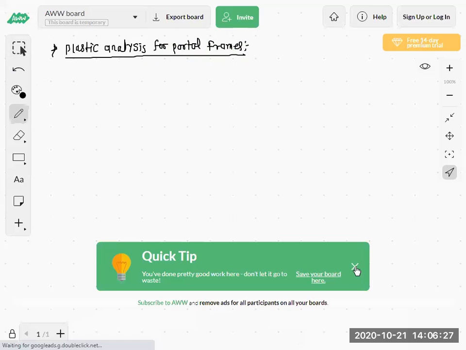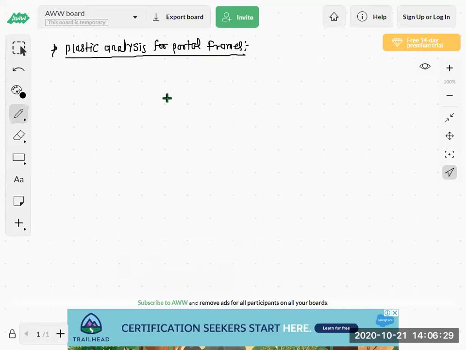Okay, so now what is a frame? This is the frame. Here we will show the hinge support. This is the fixed support.